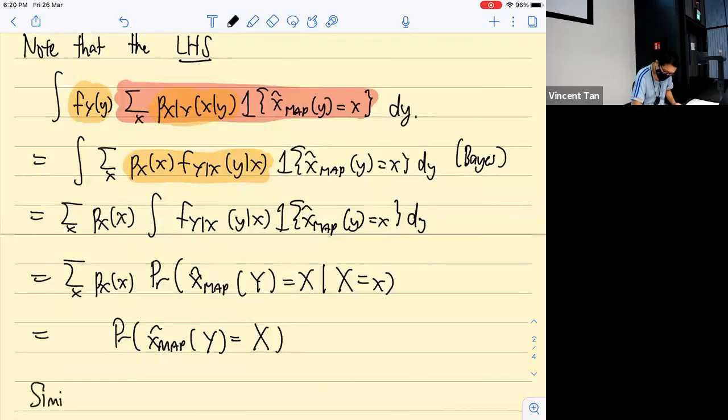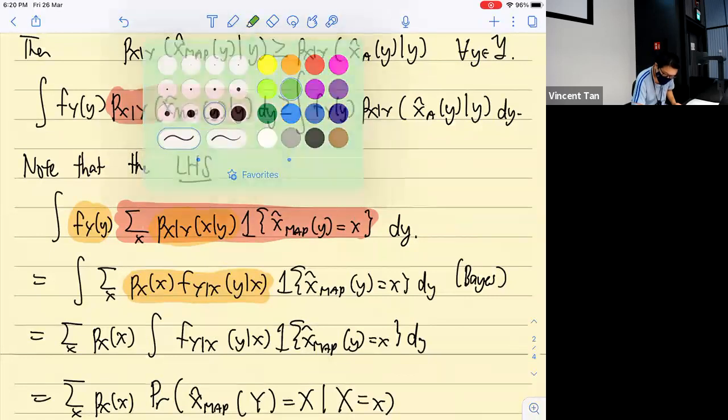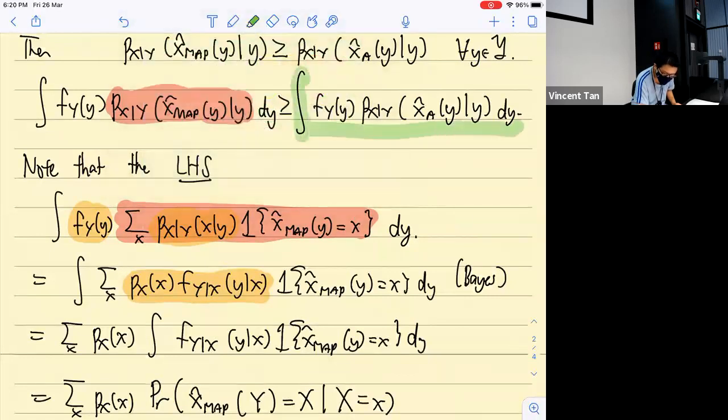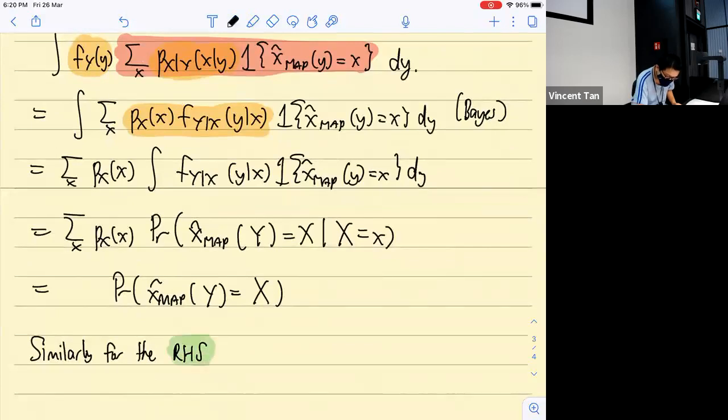So similarly, the right-hand side, this guy here, can be written in a very similar way. It equals the probability that any alternative decoder equals capital X.